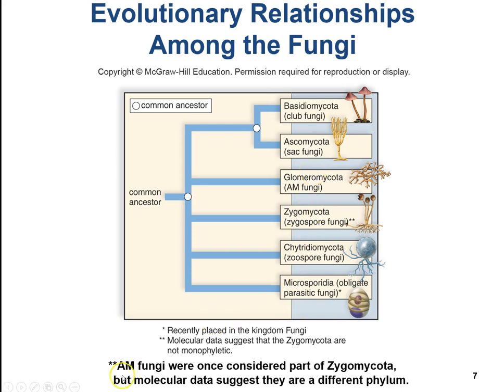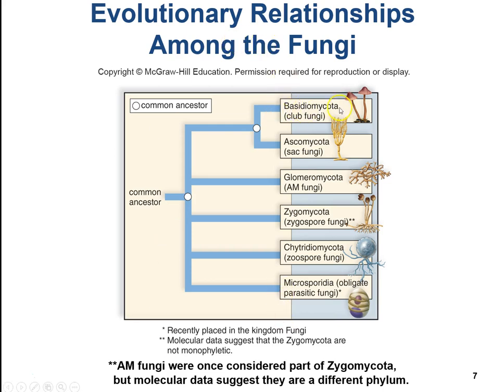Okay, so it says AM fungi were once considered part of Zygomycota. So anyway, these are kind of 2 separate groups. At one point, they were one group together. So again, this is true of taxonomy, and I keep saying this throughout the semester that these groups change, right? Taxonomy changes based on more and more data that we obtain, okay? And so anyway, we're going with this.